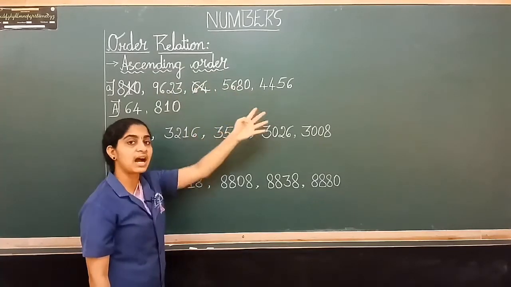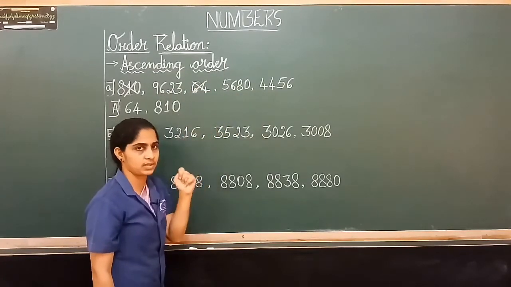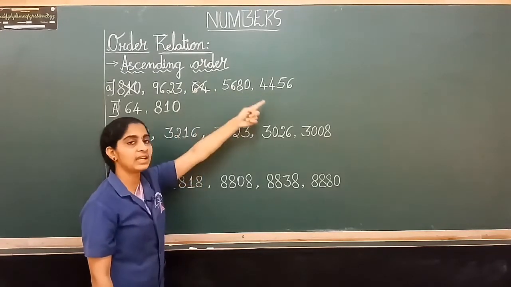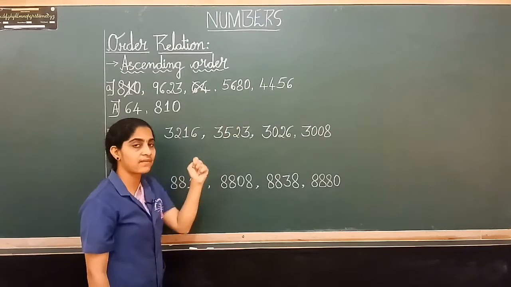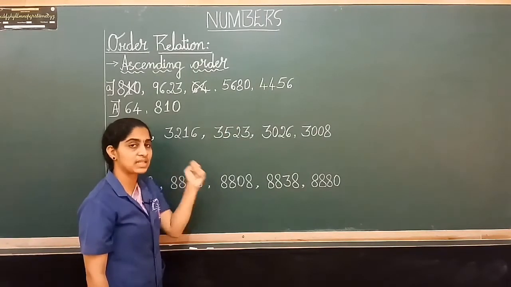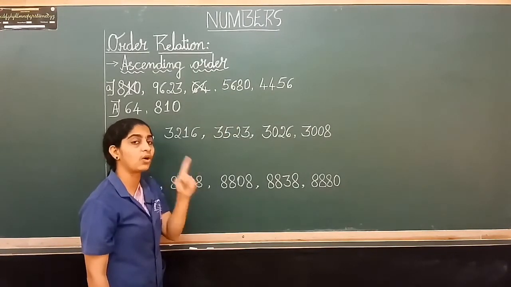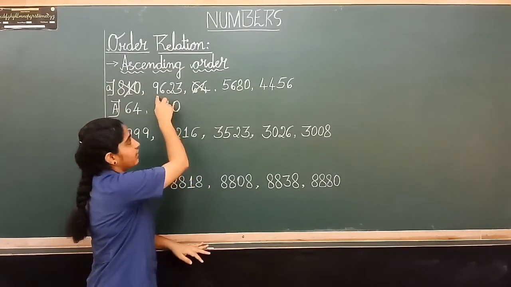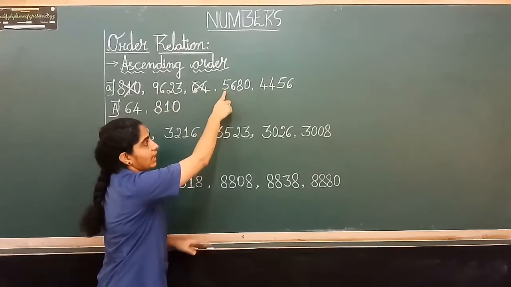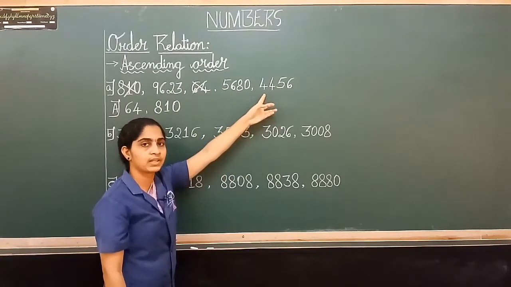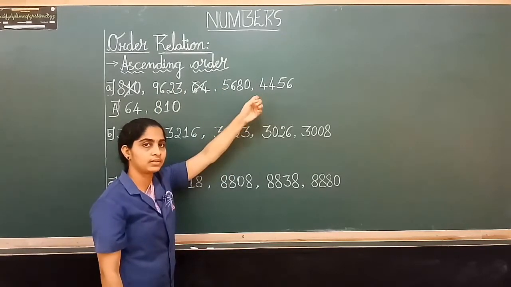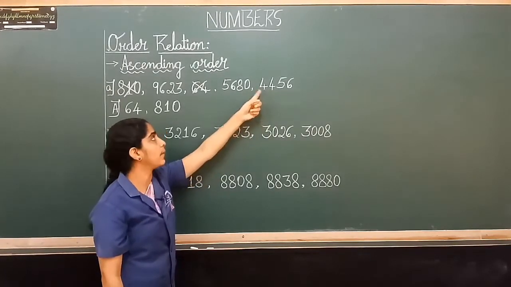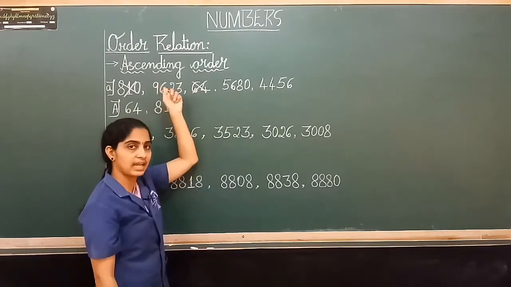Those 3 numbers are 4-digit numbers. So what we have to do? We have to see the first digit of each number. When we see the first digit, here we have 9, here 5 and here 4. Which is the smaller number? Yes, this 4 is smaller compared to 5 and 9.